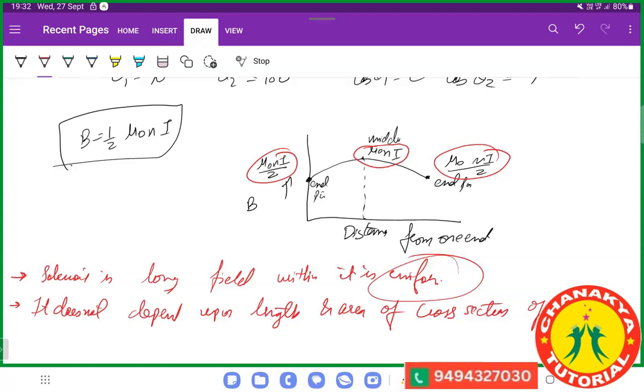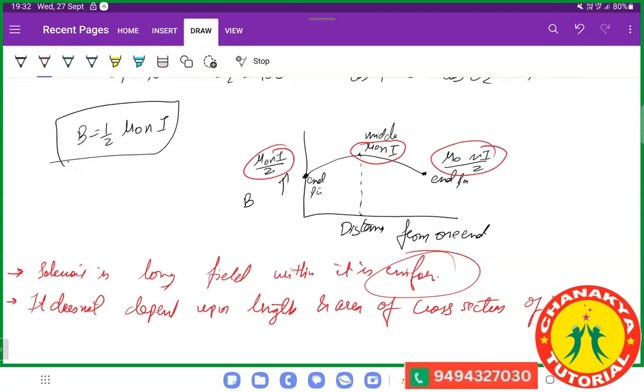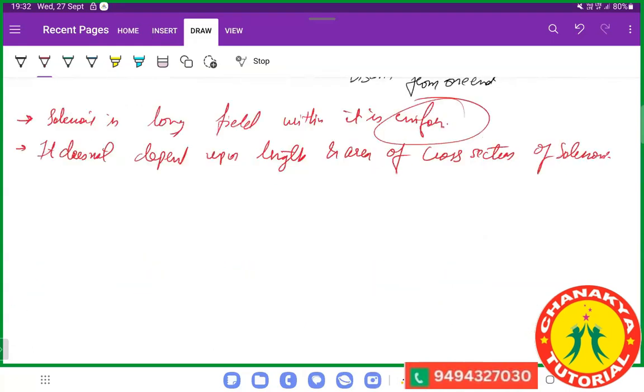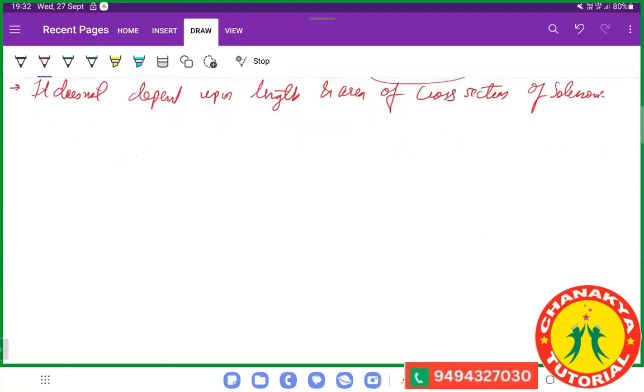So I hope you are done. So let's go for the toroid. A toroid is also the same thing.